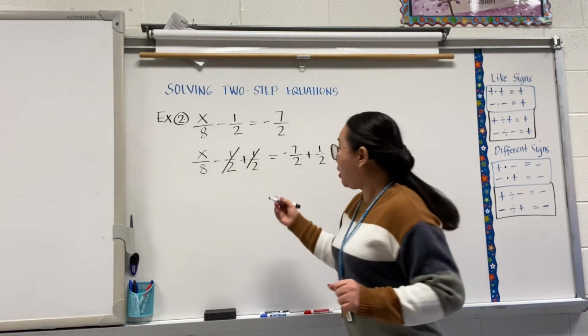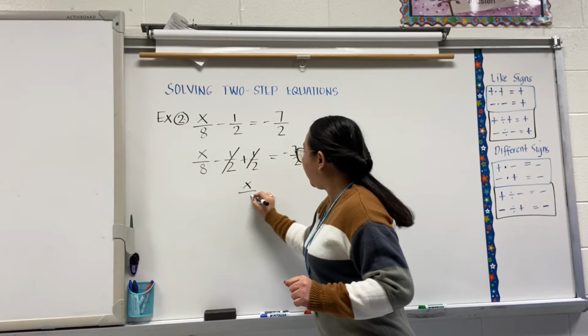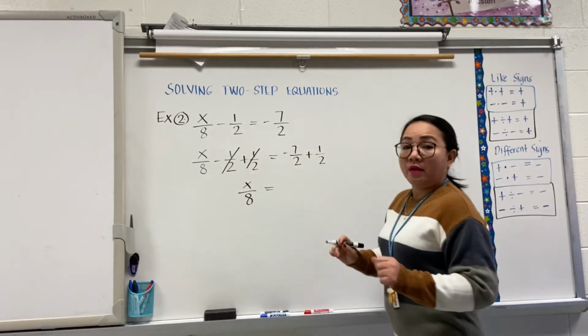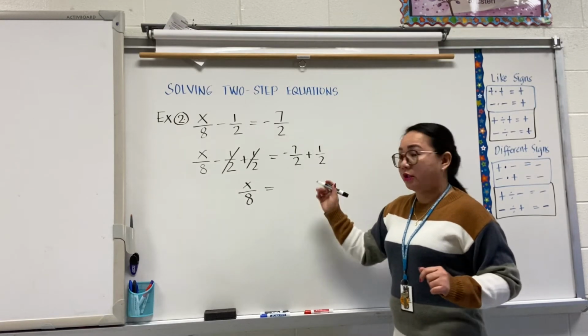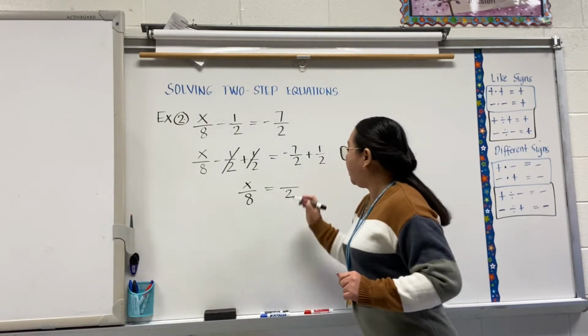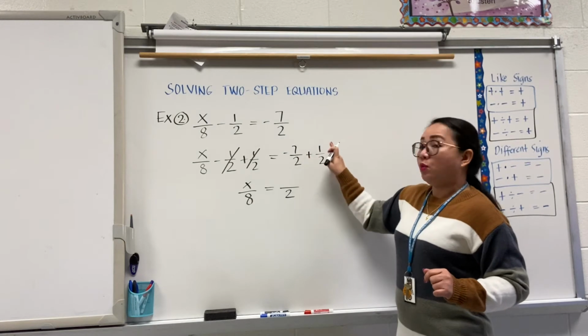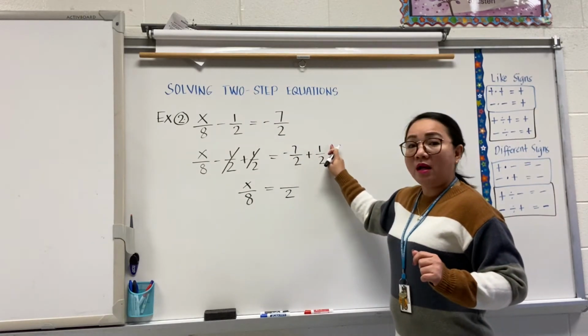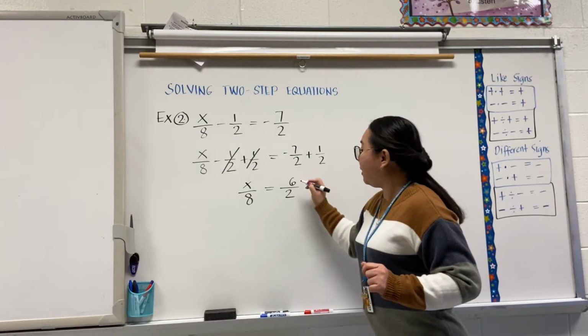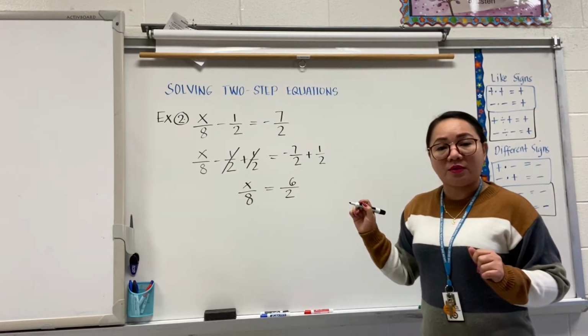So the remaining term here is x over 8. So simplify the other side of the equation. So the same denominator, keep your denominator. So negative 7 plus 1, so you will subtract. So that means you will get 7 minus 1 is 6, and then keep the sign of the bigger absolute value.